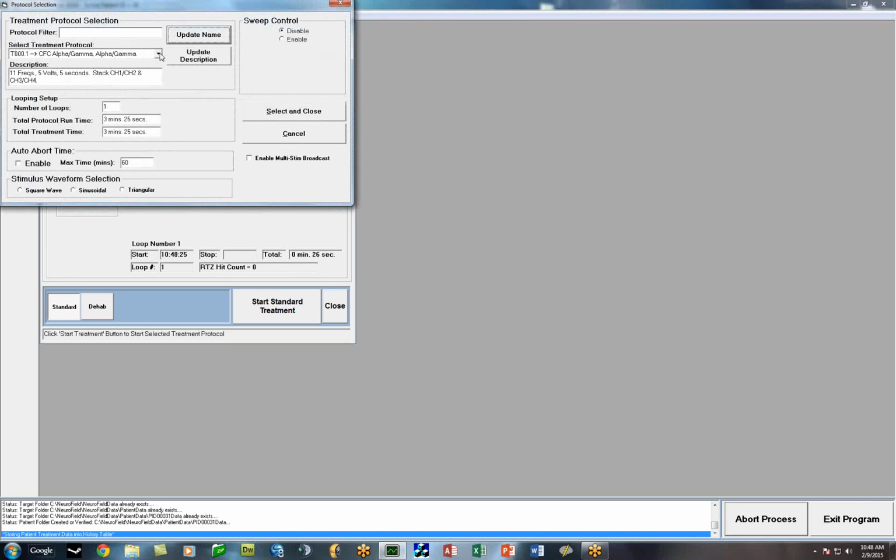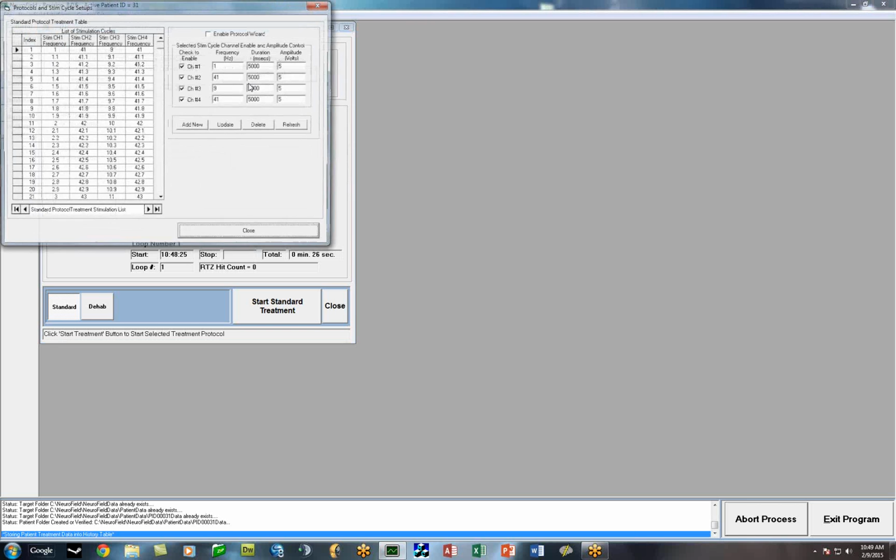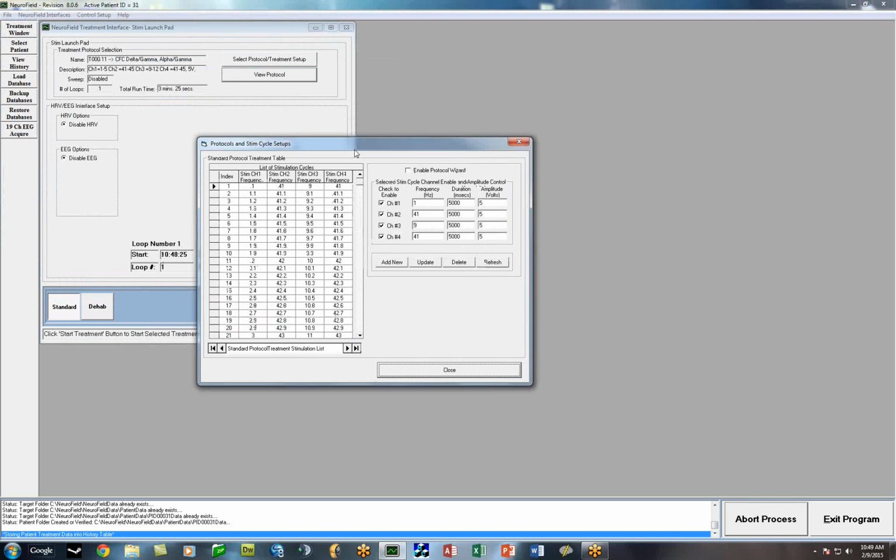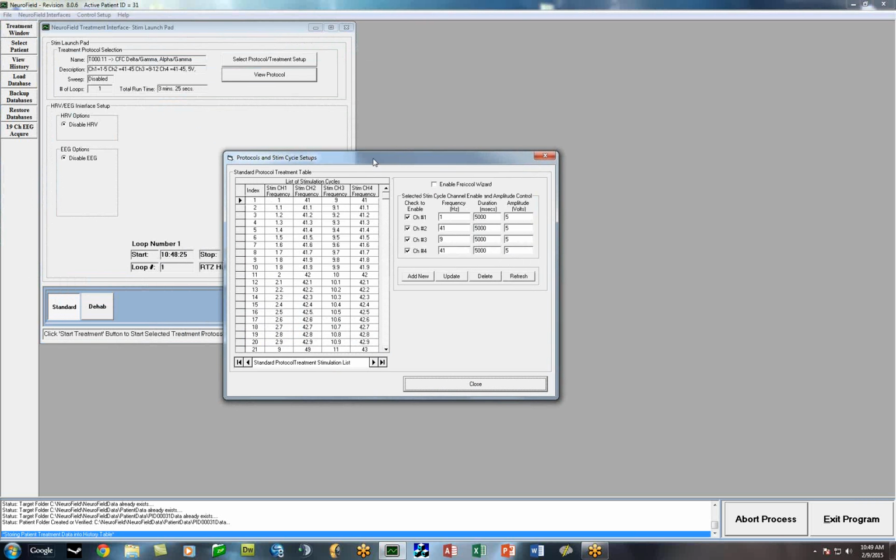So I'm going to go back here. So we start with the delta gamma, alpha gamma protocol. Now, let's take a look at this. And this is where I can give myself a little pat on the back after thinking about what I learned from Dirk and Jay that night. If you look at this protocol, folks, channel 1 is starting at 1 hertz and channel 2 is starting at 41 hertz.